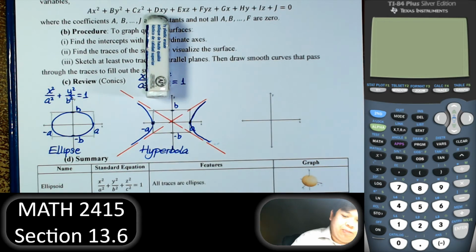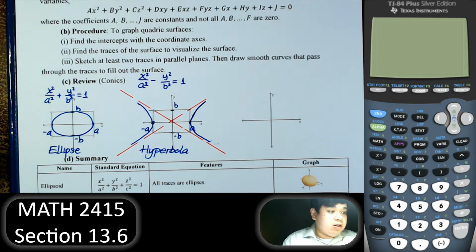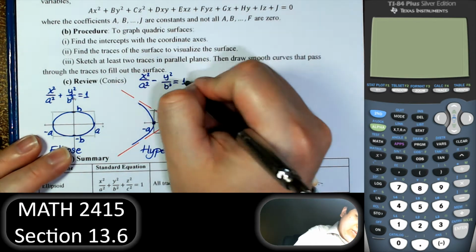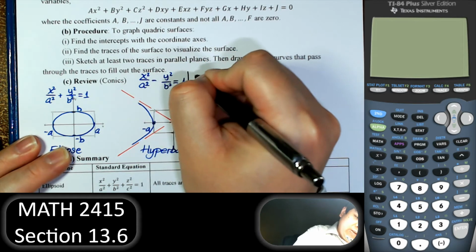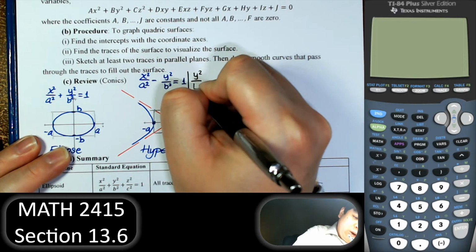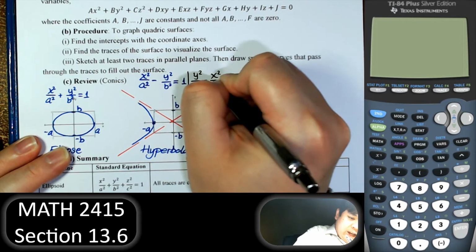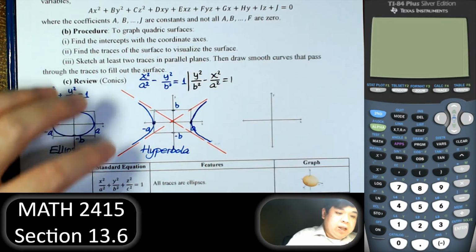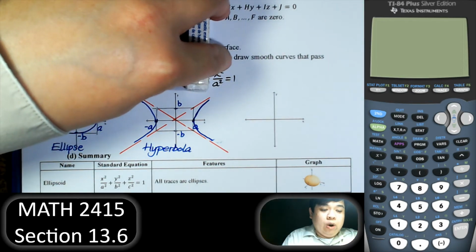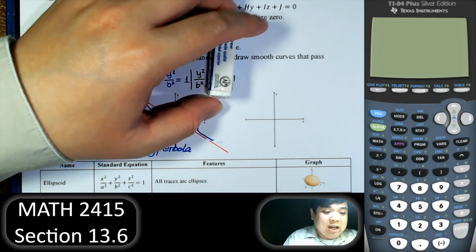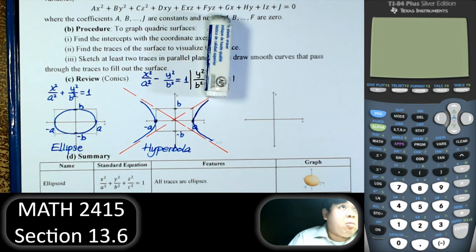It will look like that. Now, if we have something different, for example, instead of this one, we have y squared over b squared minus x squared over a squared equal to 1. If we let y equal to 0, we have no solution. But if we let x equal to 0, we have plus or minus b.